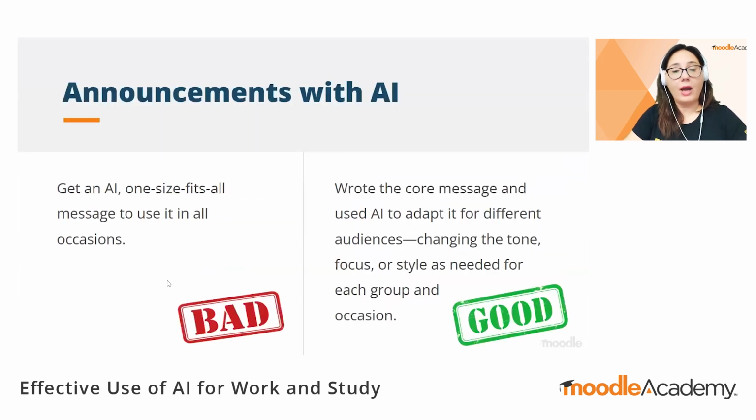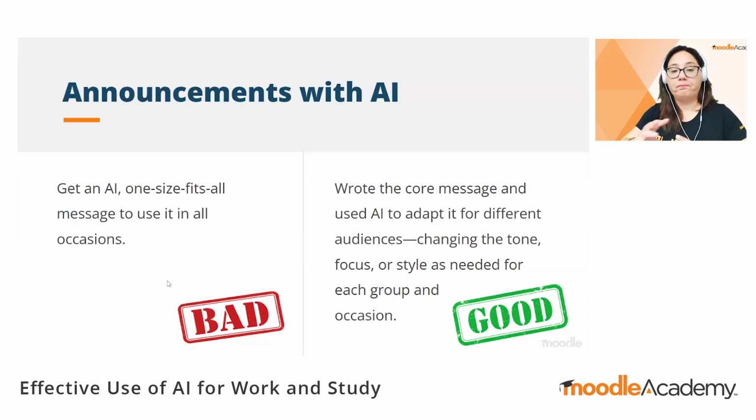So instead of drafting an announcement text with AI and using it as is everywhere, I prefer to work a little bit more and create the main announcement text using AI, okay. And then I asked AI to adapt it, altering the style, the emphasis, the tone for each group.